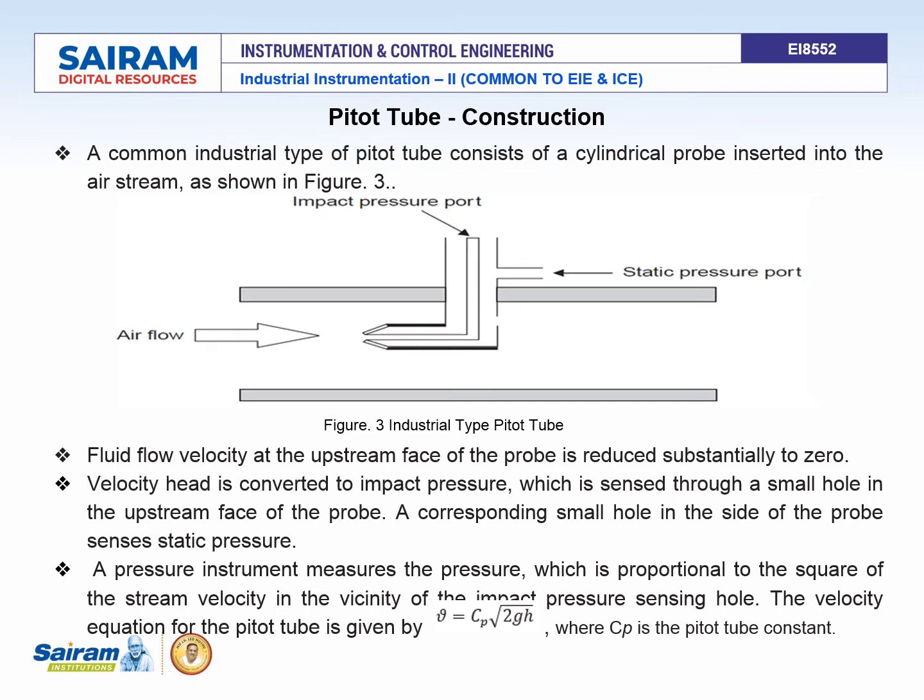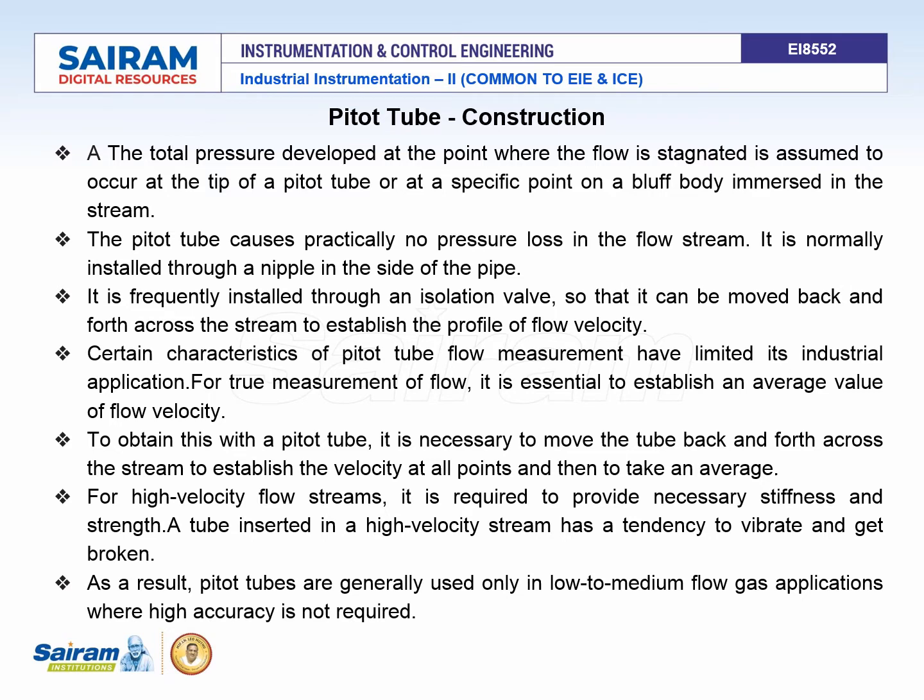A corresponding small hole in the side of the probe senses the static pressure, which denotes the static pressure port. A pressure instrument measures a difference which is proportional to the square of the stream velocity in the vicinity of the impact pressure sensing hole. The velocity equation of the pitot tube is given by the following equation.